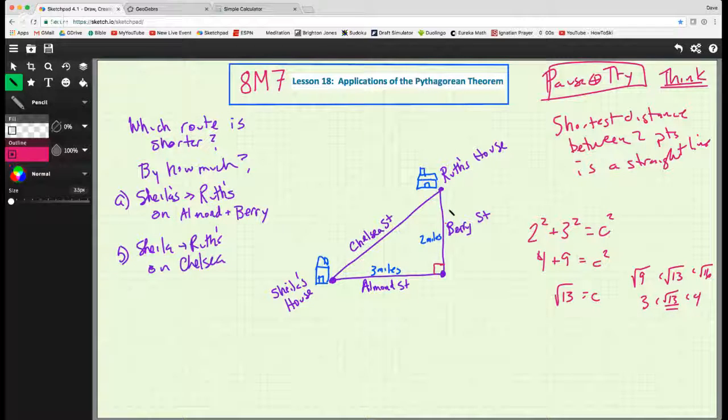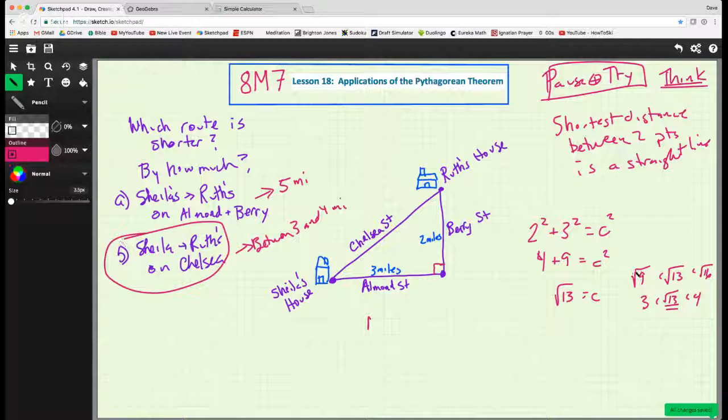And we know going this way is 5. So the Almond plus Berry route is 5 miles. And we know this is between 3 and 4 miles. So this is shorter. But by how much?